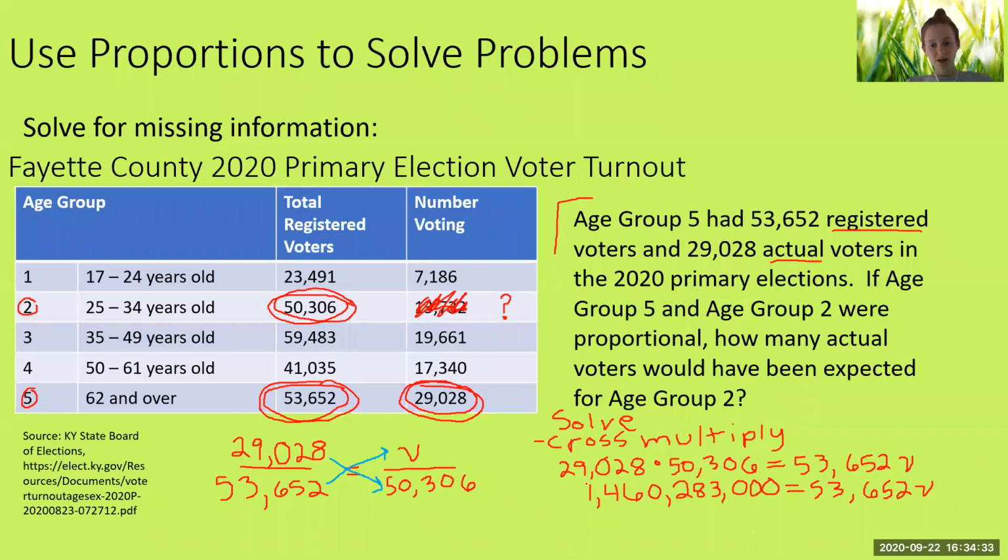So our final step here, which I'm gonna have to squeeze in at the bottom here, is gonna be to divide. So if you know, for example, let's do it with some smaller numbers here.